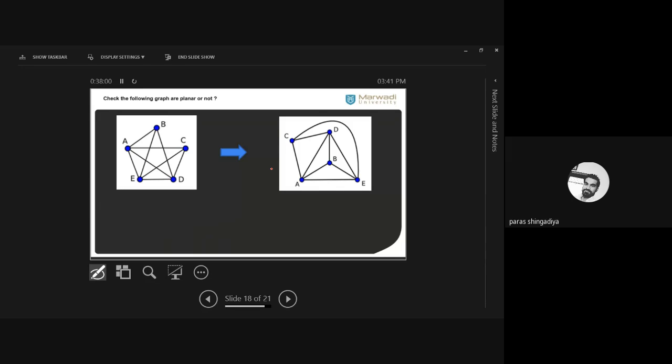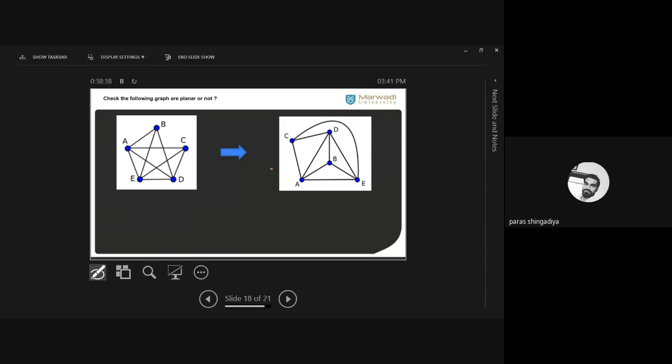If I delete one edge from K5, this graph will be planar. This is the K5 graph with deletion of one edge. When B and C are connected, rest are connected. Clear? If you connect B and C then all the vertices have degree 4 now. 5 vertices with all vertices of degree 4, so it is K5. Now there is one edge less compared to the 10 edges. There are 9 edges now, so we can easily embed this graph in the plane. That is possible to make the planar situation.